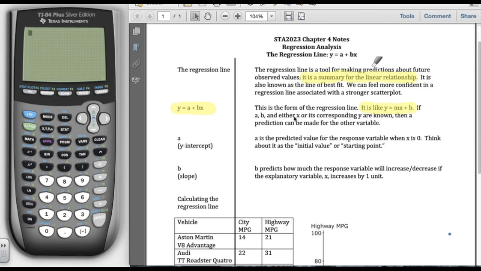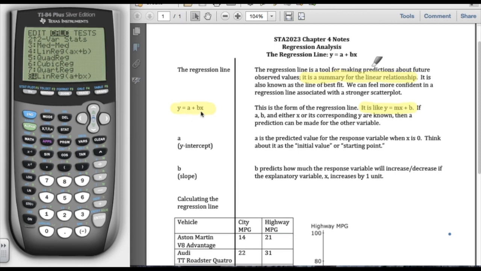All of our calculations in Chapter 4 come from our calculator by going to the Stat button, over to Calc, and then number 8. Note that number 8 has the form a plus bx, just like we see in the notes. 4 has ax plus b. It has the x associated with the a, not with the b. That's why we're always going to go to number 8 here.